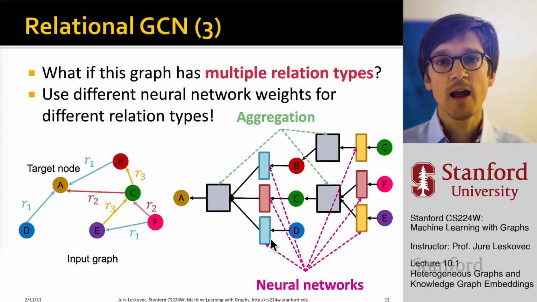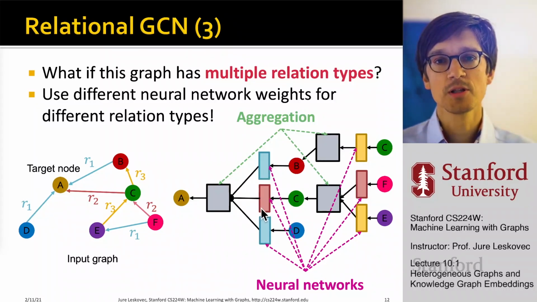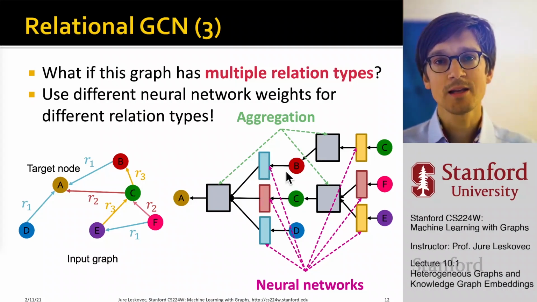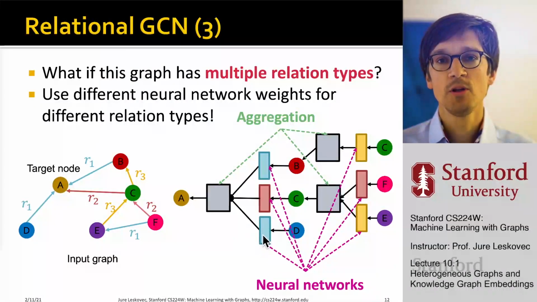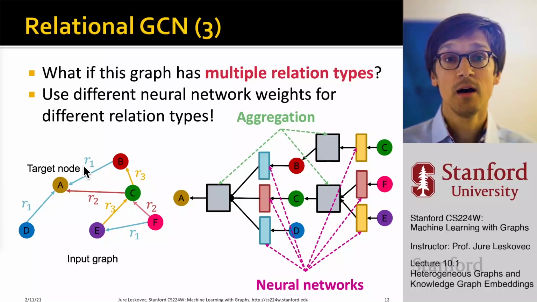So now, if I look at how the neural network computation graph for node A looks like, what is different now is that these message transformation operators, these W's, now have a color associated with them. So it means that the message coming from, let's say, node B and the message coming from node D towards node A will be transformed using the same operator, the same W, because the message is traveling along a relation type R1.